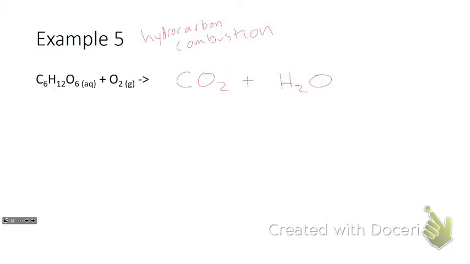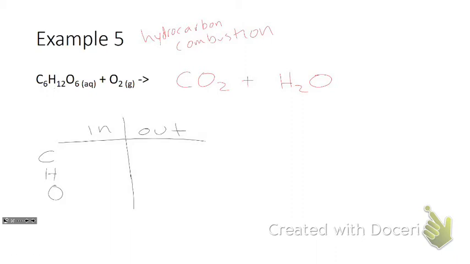Okay, let's do an in and out table. And what order are we going to be balancing this reaction in? Carbon, hydrogen, oxygen. Excellent. Okay, so that's the CHO chart. So carbon's first, hydrogen second, and then oxygen's last.